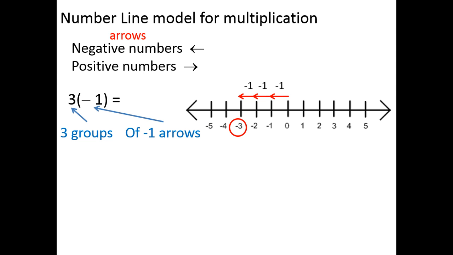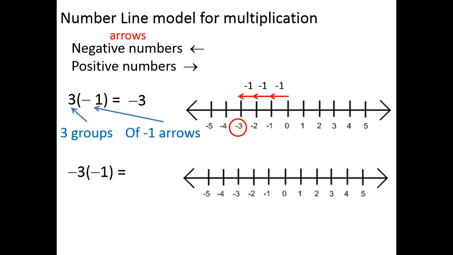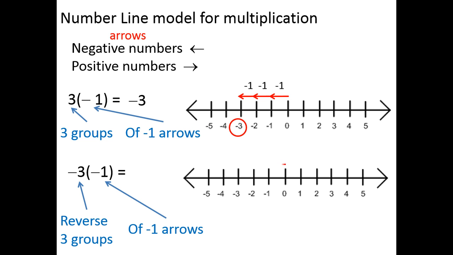So 3 times negative 1 is negative 3. Negative 3 times negative 1 means we have to reverse 3 groups of negative 1 arrows. So that is a negative 1 arrow, but reversing it means it has to point that way. And we need 1, 2, 3 of those to end up at positive 3.